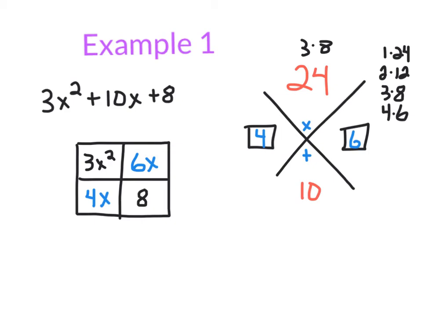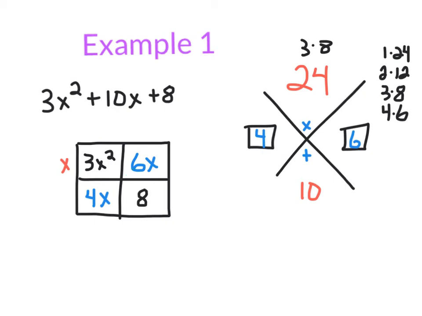But again, we're going to consider 6x and 3x squared. What do those terms have in common? Well, first of all, they have an x in common, x squared and x, and the greatest common factor of those is the x. So we certainly can take out an x, but we can also take out a 3 because 3 goes into 3 once and 3 goes into 6 twice.